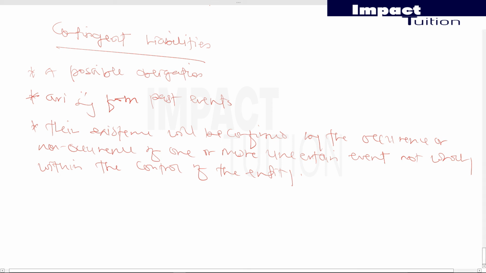So this is contingent. The obligation is possible, but it depends on some other uncertain event happening, and the entity doesn't have control over that event happening. Please, do we understand? Yes, please. I get it.